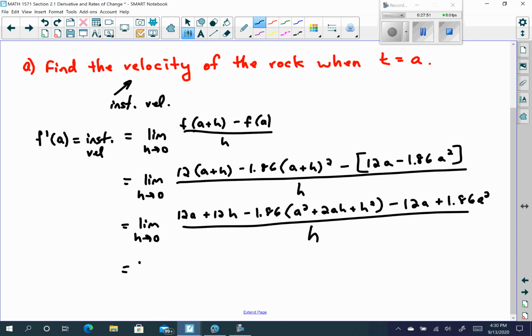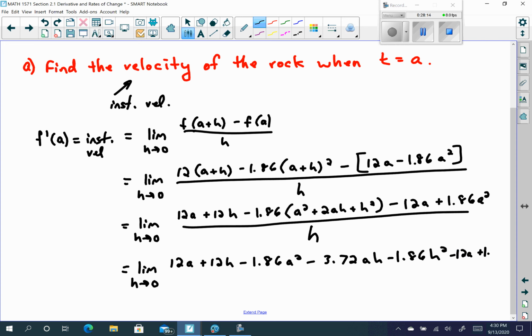So this becomes the limit as h approaches 0. We'll just distribute that negative 1.86. So we get 12a plus 12h minus 1.86 a squared minus, if we double 1.86, we should get 3.72 ah, minus 1.86 h squared minus 12a plus 1.86 a squared all over h.